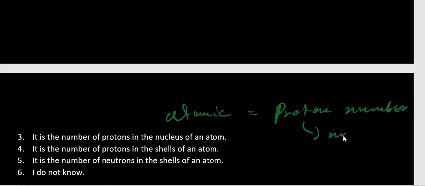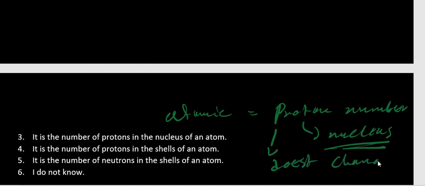These protons are found in the nucleus. No matter what, the proton number doesn't change. Whether an atom has undergone some chemical reactions, the proton number doesn't change. So it is the number of protons in the nucleus. So the answer is simply that one.